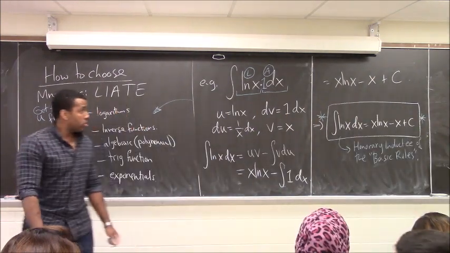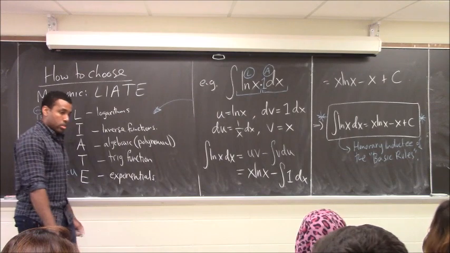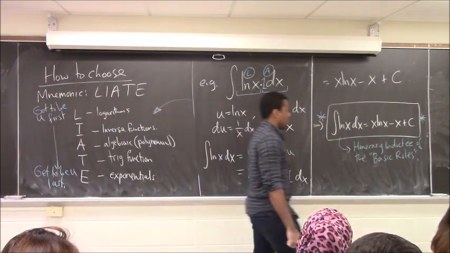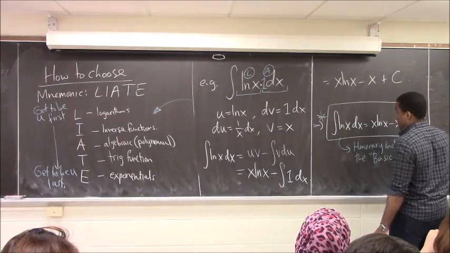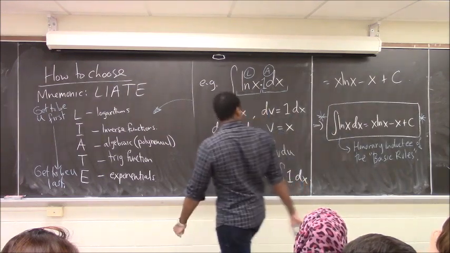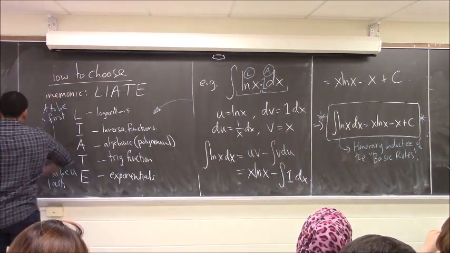So the antiderivative of ln x is x ln x minus x. You can figure that out with integration by parts. Let's do another example.